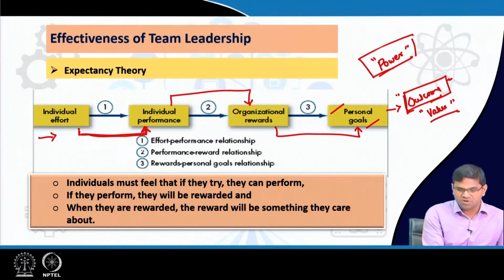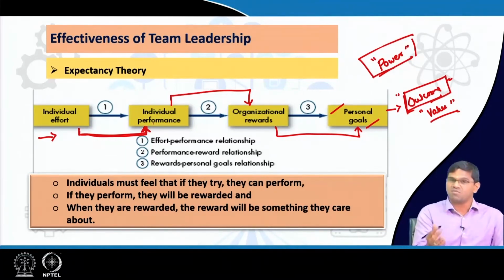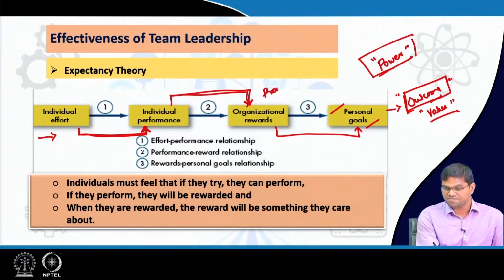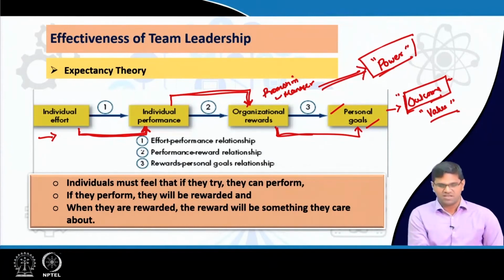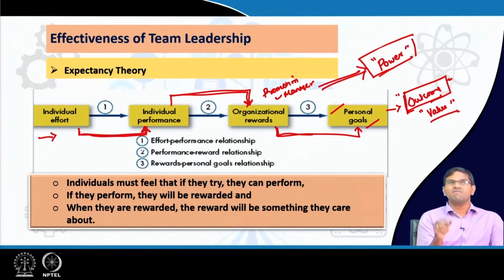When I show better performance and productivity, and I also learn a new tool or skill, my organization will give me a promotion, let's say make me a manager. So what I am trying to do is meet my expectation that I want to have power. This is the relationship which every individual will feel.